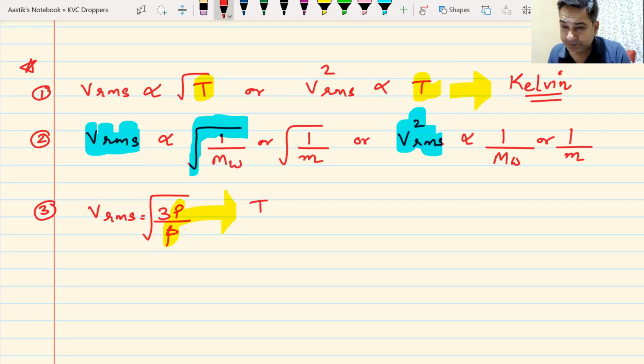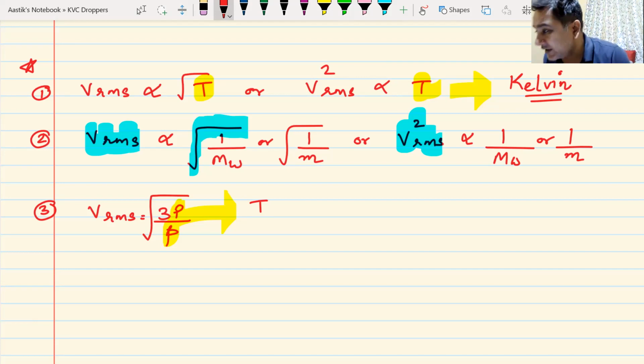And this ratio actually relates to the temperature, because from this ratio I get the temperature. That means if I keep the temperature constant, the pressure of the gas may increase, but similarly the density of the gas will also increase. So the P by rho ratio will remain constant.